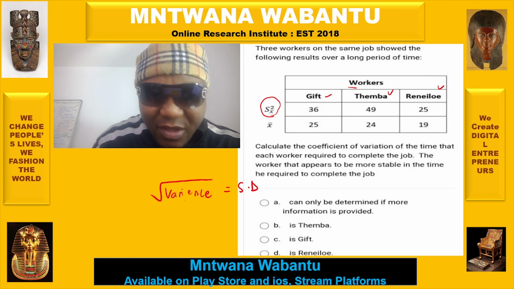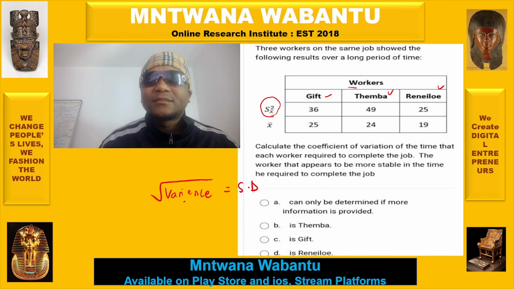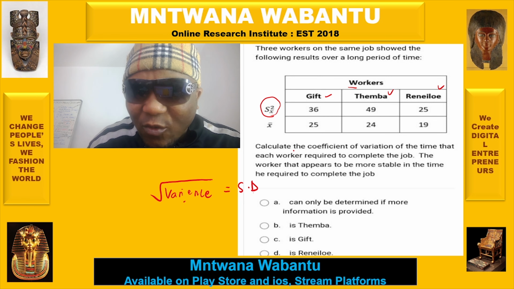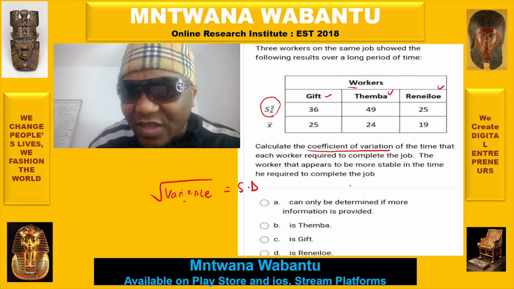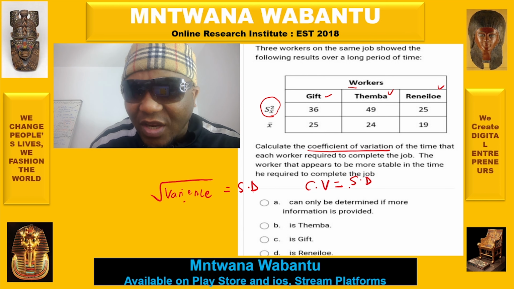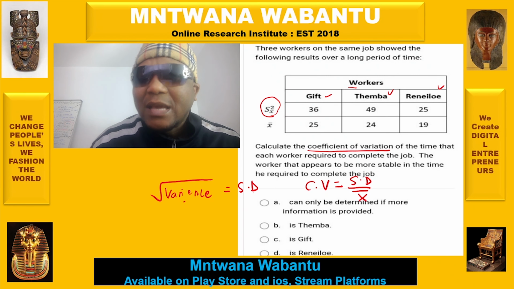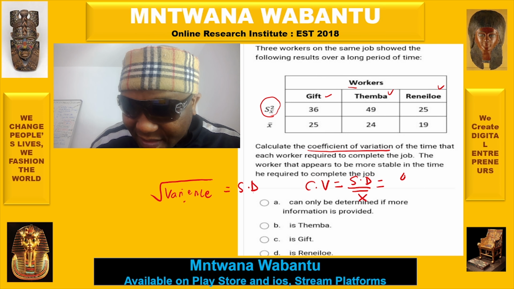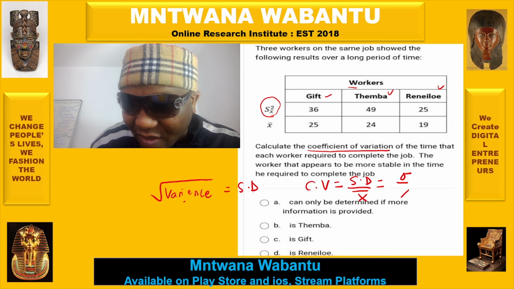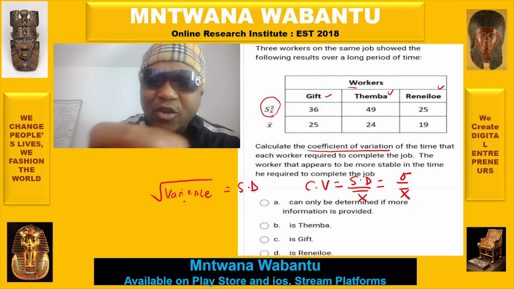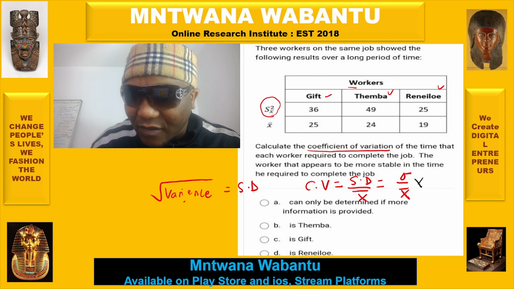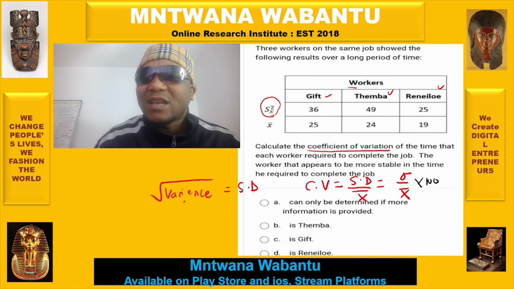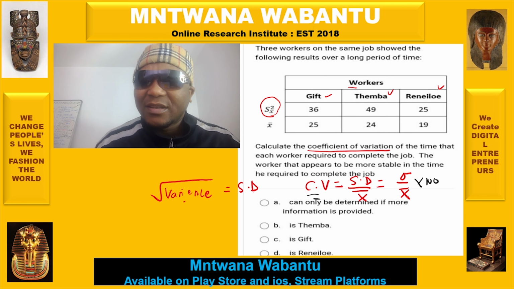So when you square root the variance, you get standard deviation. Okay, and what we need, they say calculate the coefficient of variation. Coefficient of variation equals standard deviation over mean. Sometimes you can write it as this, that's standard deviation over your mean, but then you must multiply by 100 always. That's how you get the coefficient of variation.